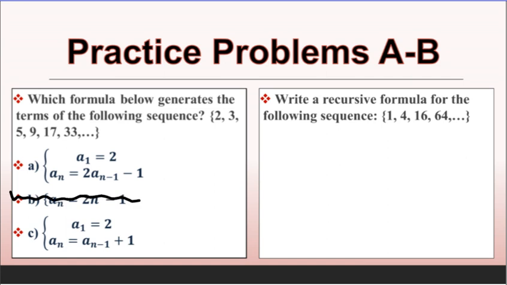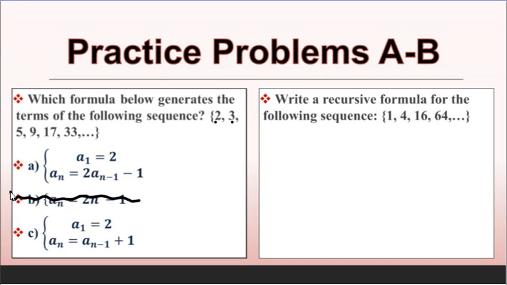Let's look at A. The first term is 2, which it is, and now I have my formula, 2 times a subscript n minus 1, minus 1. If we're trying to find the second term, I put a 2 in for n. 2 minus 1 is 1. So 2 times 2 is 4. 4 minus 1 is 3, which is what we have here.